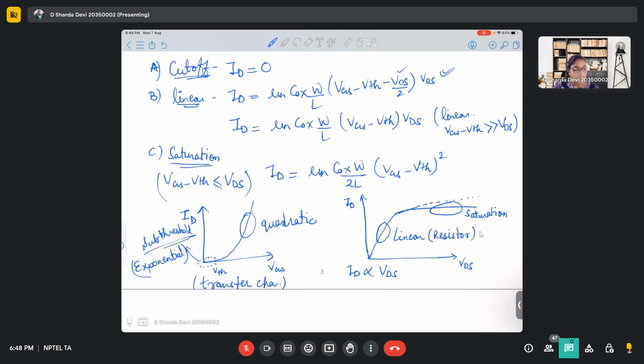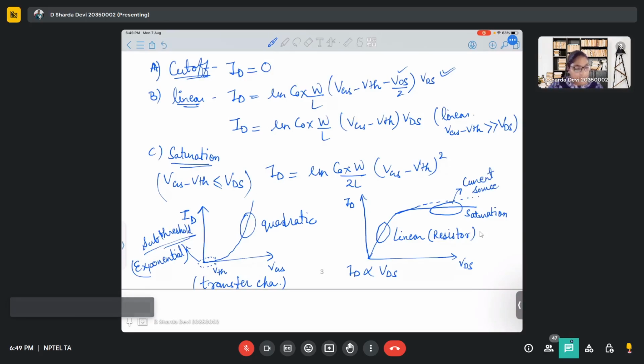Current source, right? So why current source? Because here is delta VDS, here delta ID. So R is infinite. And where else we find R as infinite? That is for current source.